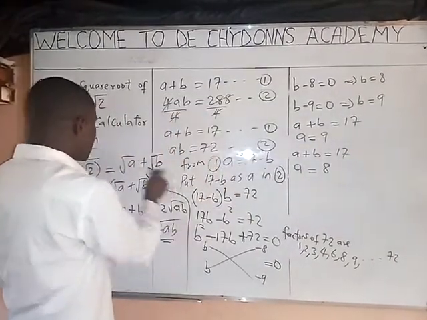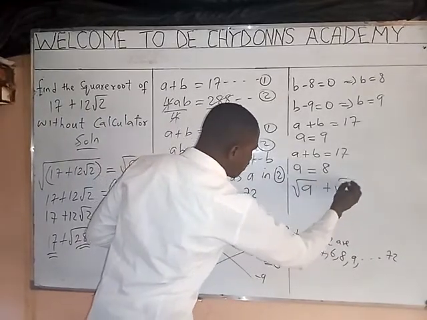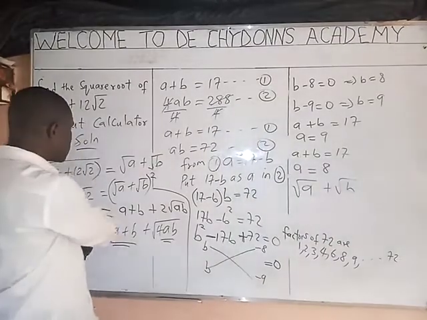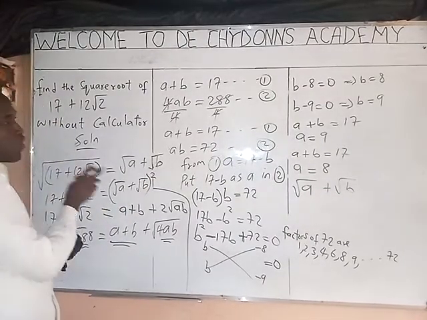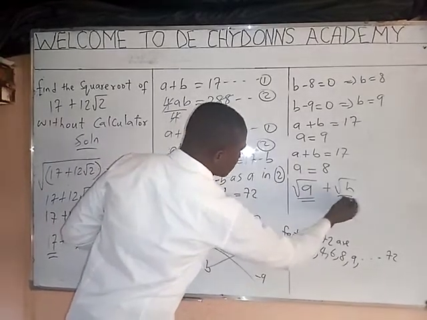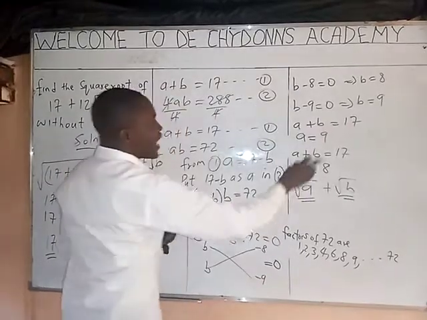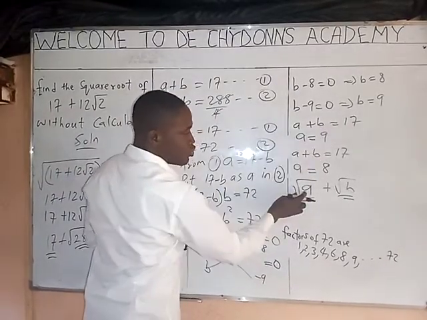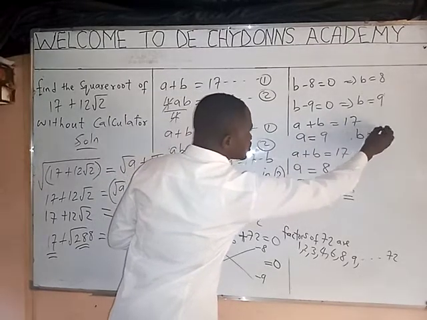So when you come to that equation which says square root of a plus square root of b is the answer to this question, we wrote this at the beginning of this question. So what you now do is that what is your a? When you say that your a is 9, then what is the equivalent value of b? b will be 8.